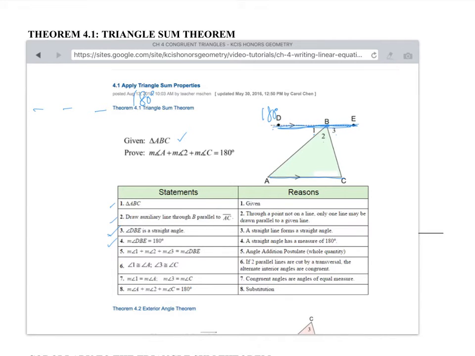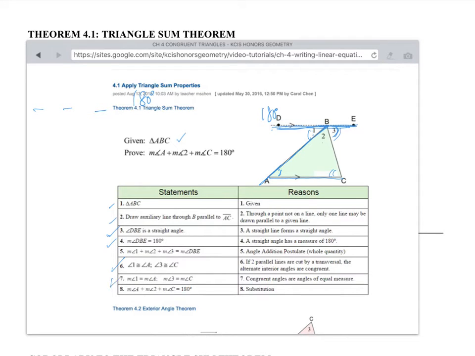Now, since line DBE is parallel to AC, and we can see that this side of the triangle is a transversal, angle 1 must be congruent to angle A, and angle 3 must be congruent to angle C. So I stated that in step 6.